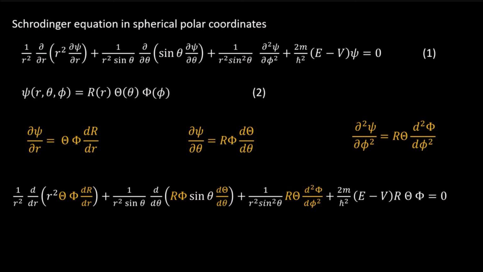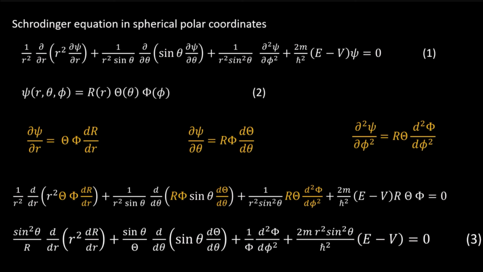but upon further simplification, we get sin squared theta by R times d by dr of r squared dR by dr, plus sin theta by Theta times d by d theta of sin theta d Theta by d theta, plus 1 by Phi times d squared Phi by d phi squared, plus 2m r squared sin squared theta by h cross squared times (E minus V) equal to 0.